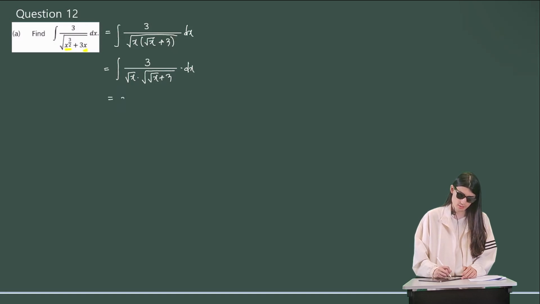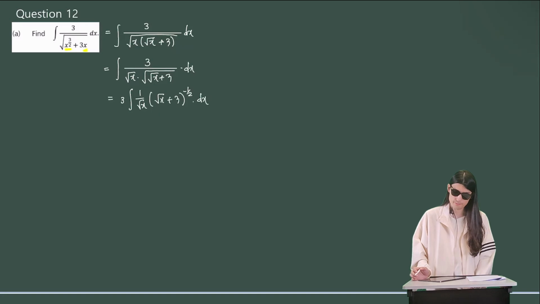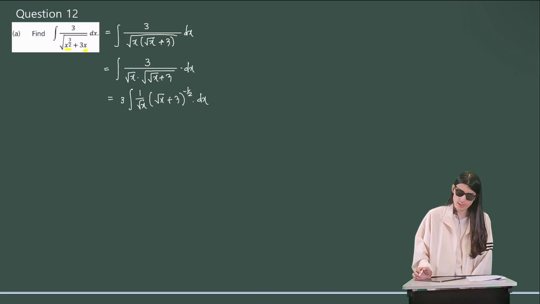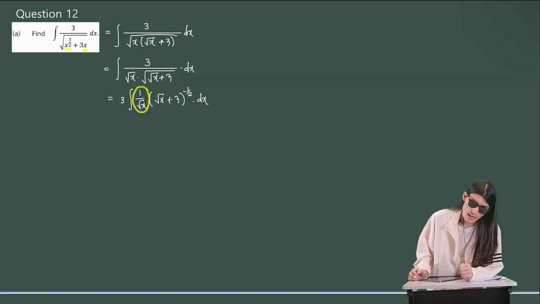As in, in the index form, I can write my integrand as I have just done, okay? And I am saying that 1 over square root of x can be treated as the derivative of square root of x plus 3.